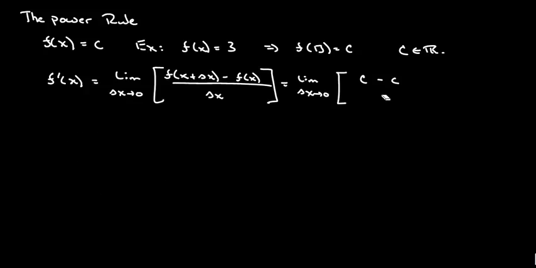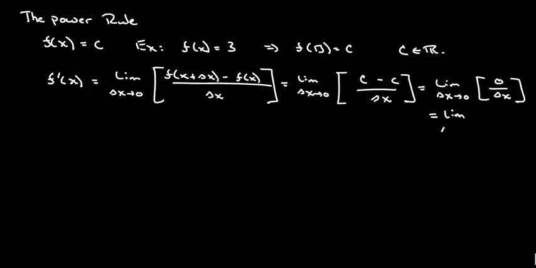So those two terms become c, and this is over delta x, and this is the limit as delta x approaches 0 of 0 over delta x. Now, delta x is never 0. So since we have 0 divided by a number that's never 0, the inside is just 0.